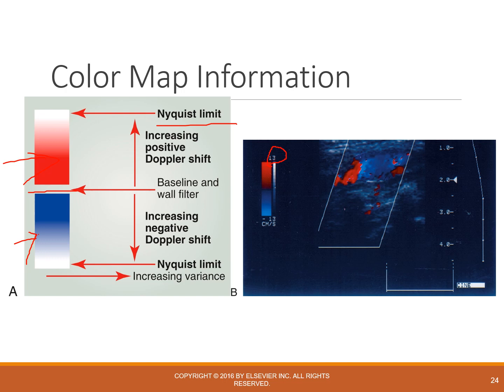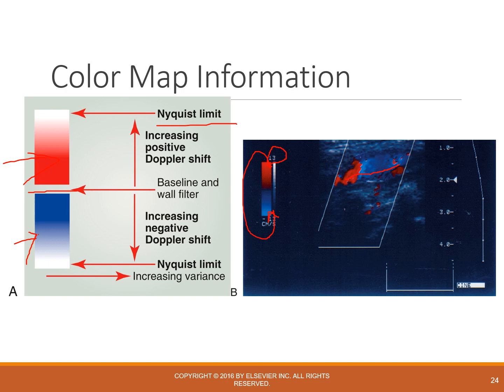And so it would do what we call wraparound or alias, and it would start demonstrating any velocity going faster than 13 as blue. So we call that aliasing, where you have a velocity, like in this case, that's probably much higher than 13, but because there's not the scale to represent it, it's aliasing and turning it blue.